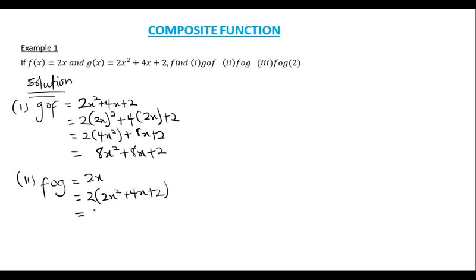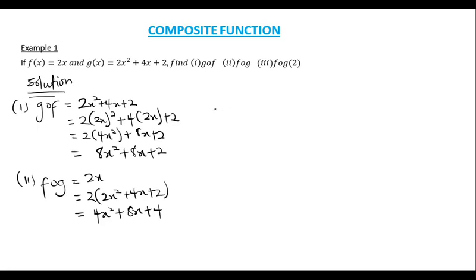So over here we have 4x squared plus 8x plus 4. Now a little reminder, g of f and f of g are not equal. They are not the same, as we can see. So don't find g of f and say if you invert it, it is going to be the same. They are never the same, except in a few cases where they may be the same.